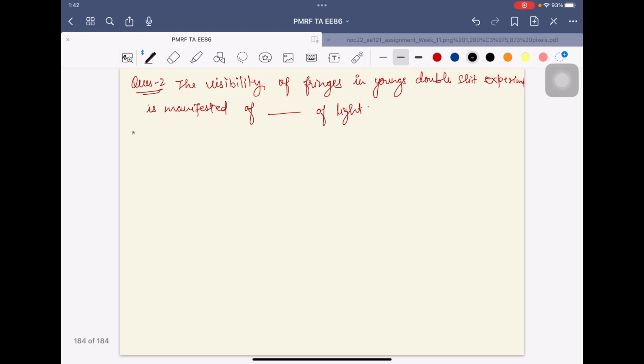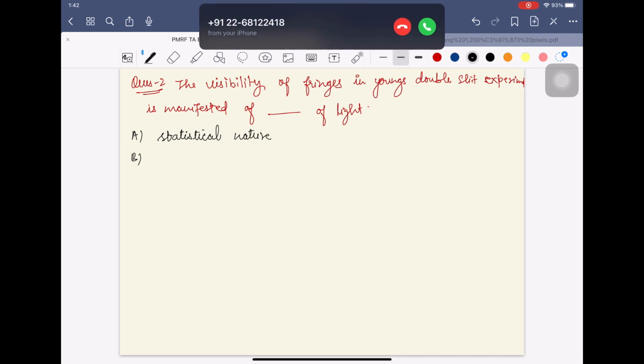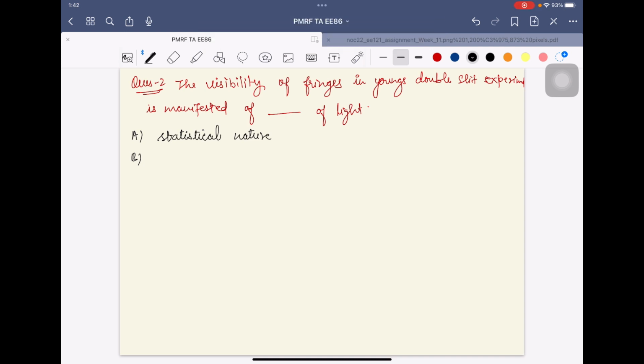So your options are: A, statistical nature, option B, quantum nature, option C, spatial coherence, and option D is temporal coherence.